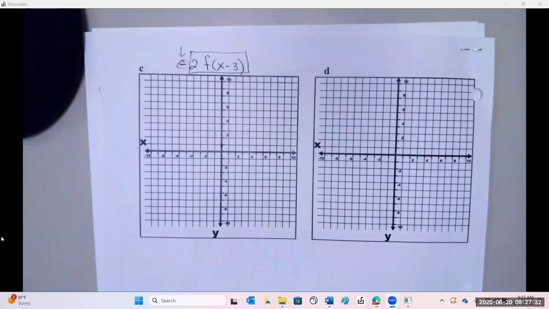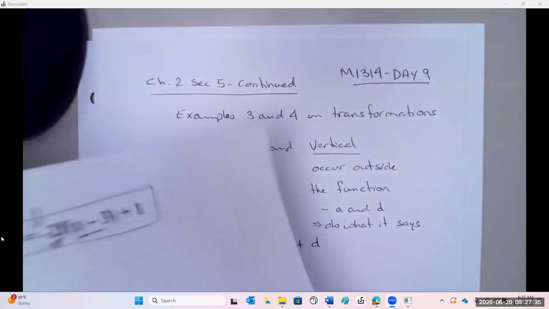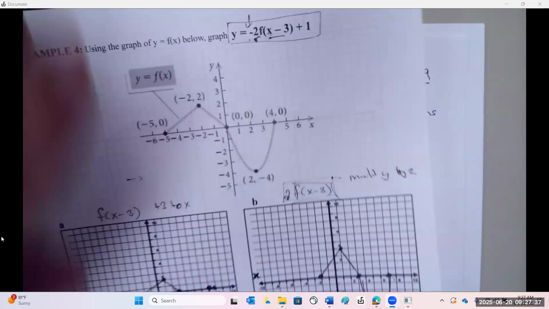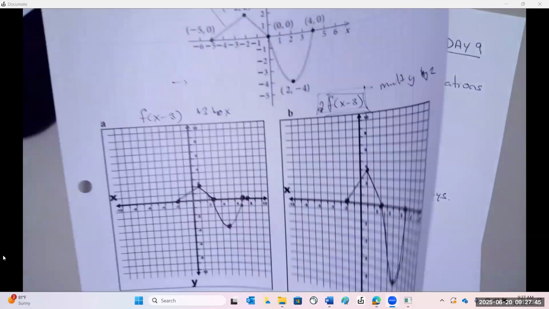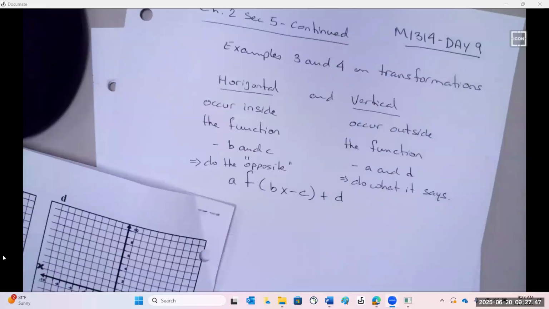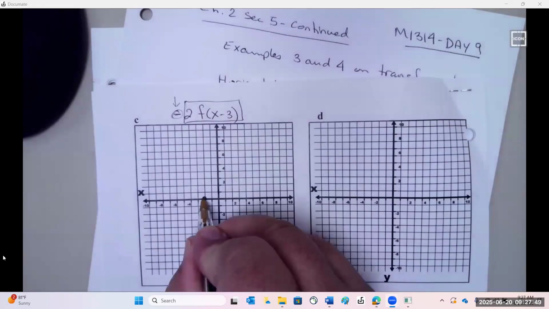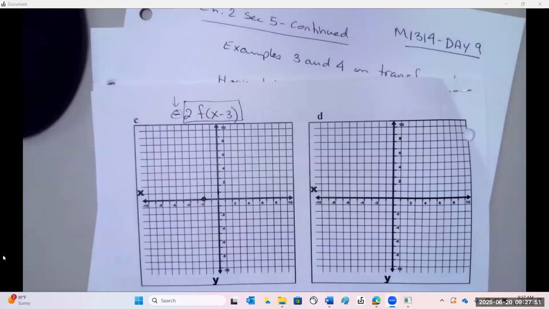So for the first one, what's the y value of this one? 0. So it stays the same. So our first point is at -2, 0. What's our next point?